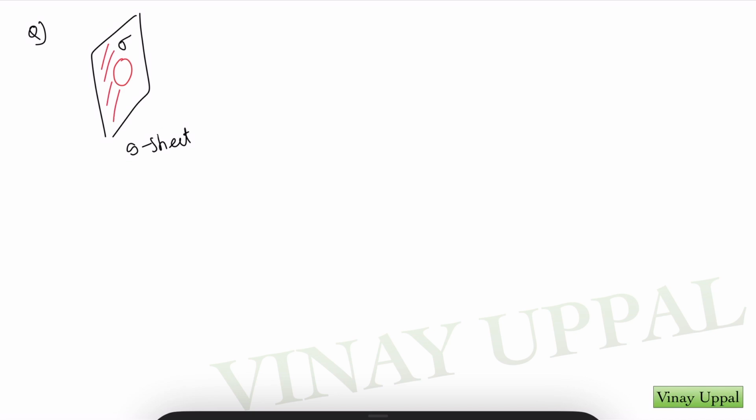So my sheet is only this much, the circular part is cut out, and let's say that circular portion that is cut out has a radius r, and at a distance of root 3r there is a particle. So let's say sigma is positive and this particle has a mass m and a charge minus q. So this particle is negatively charged and it's on the axis of the circular portion which is cut out.